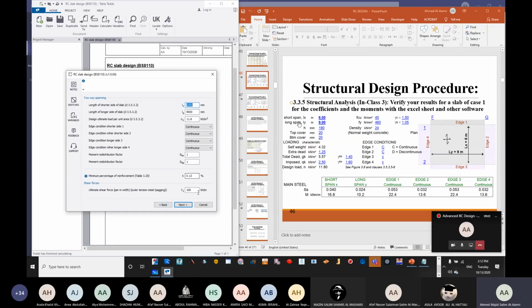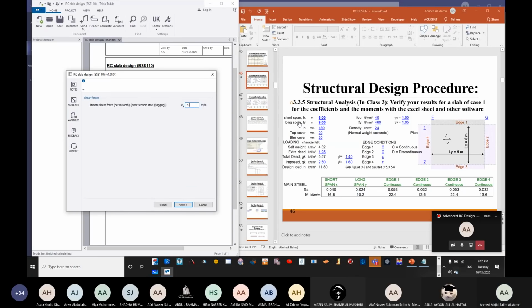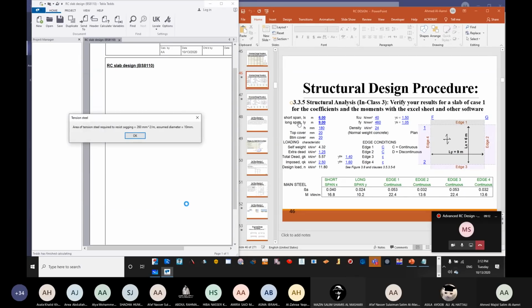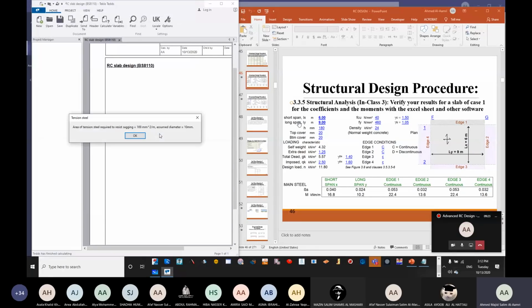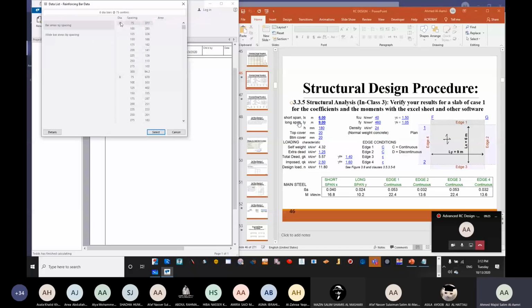Although 100 is too much, let's keep it to be 20. Okay, so it will tell you how much is the area of tension steel. And then you need to pick appropriate reinforcement. So you can see 6 diameter, 8 diameter, 10 diameter, and then we have spacing 75, 100, 125.